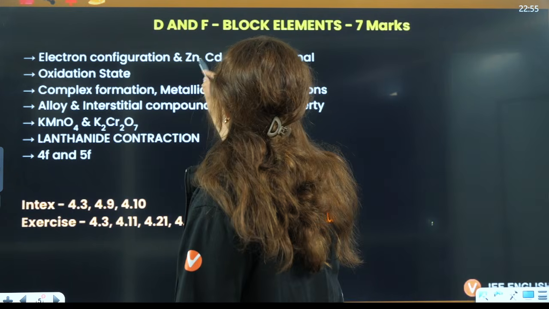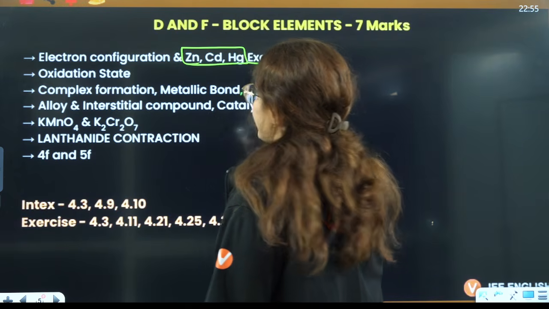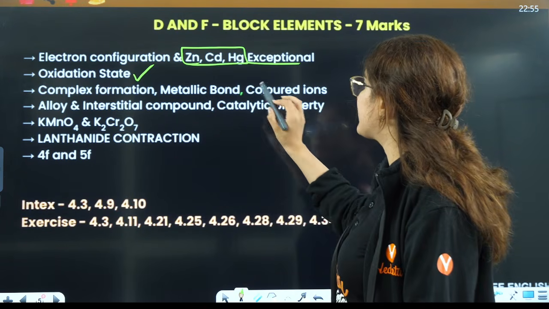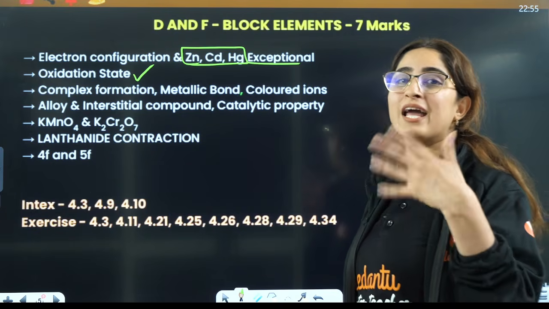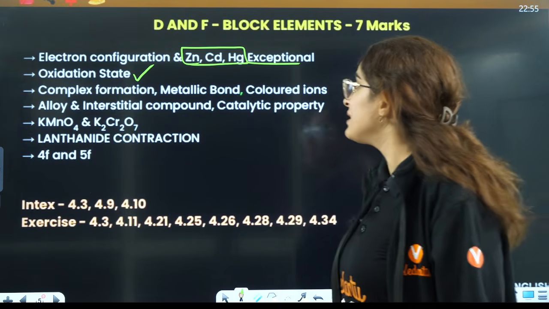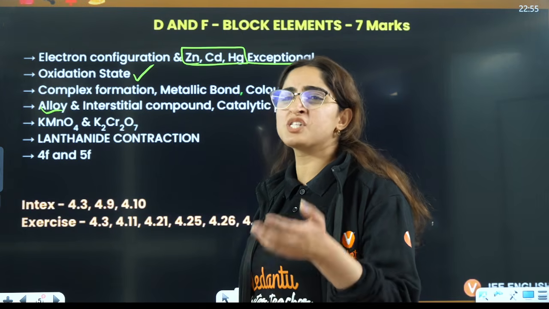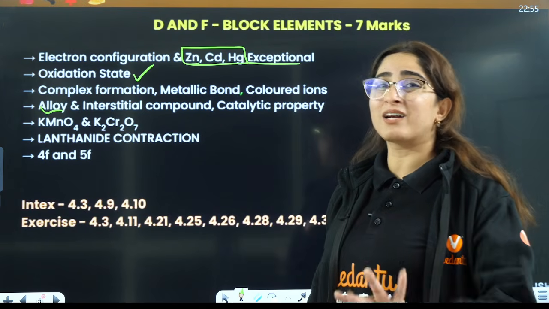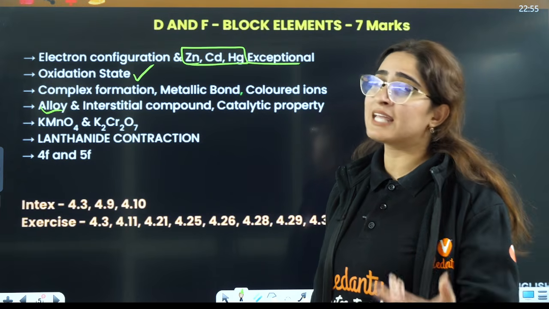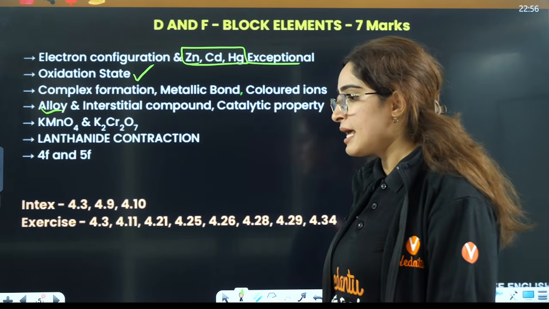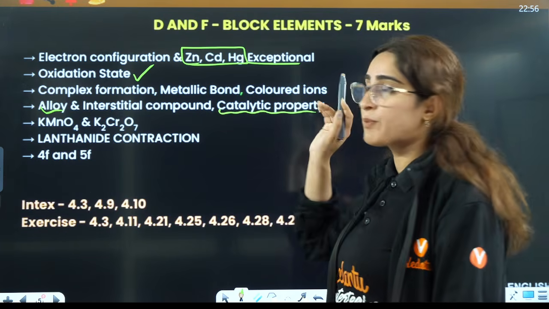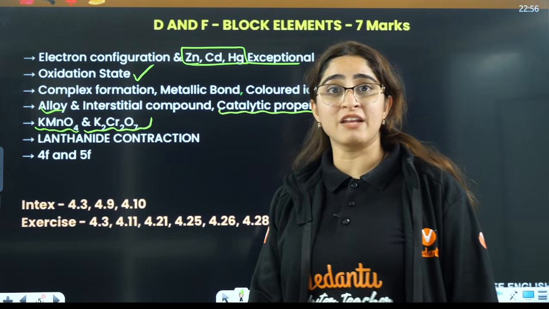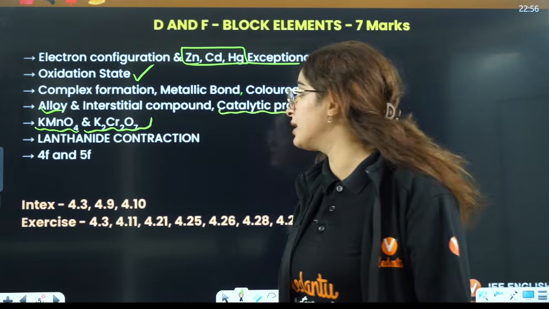So electronic configuration, zinc, cadmium, mercury exception, oxidation states. Then there is complex formation, metallic bond and colored compounds. Why this happened, why that happened. Then they ask you what are alloys, how transition elements are able to make alloys, what are transition elements, why zinc, cadmium, mercury are not transition elements. Then they ask you catalytic property, why they show catalytic property, KMnO4, K2Cr2O7, very important, they ask you preparation here.